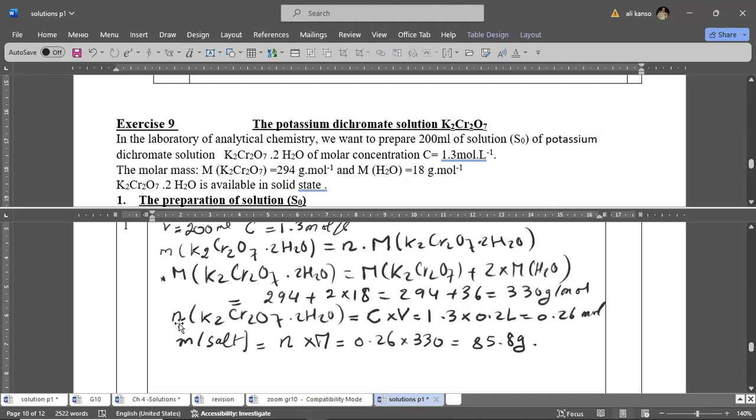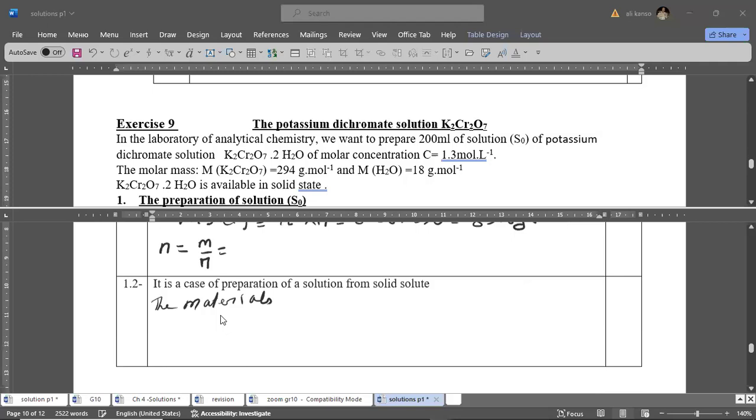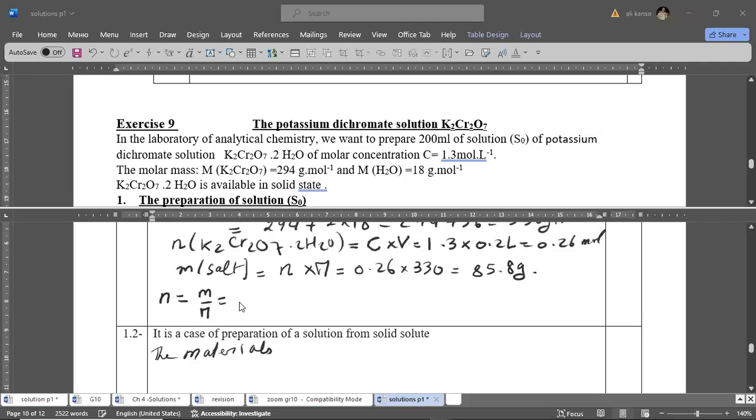Then the number of moles is equal to mass over molar mass, or C times V. Okay, the materials. C times V is equal to 1.3 times 0.2, equal to 0.26 mole.